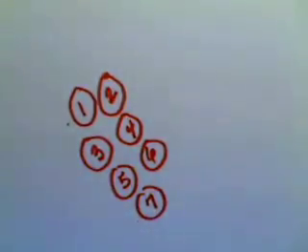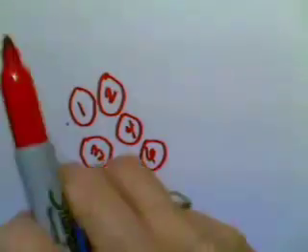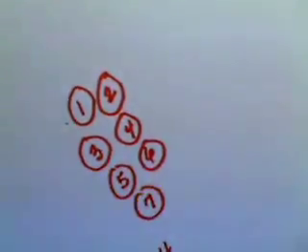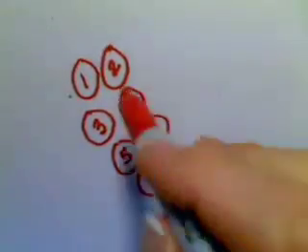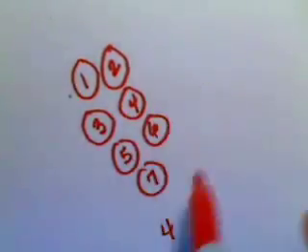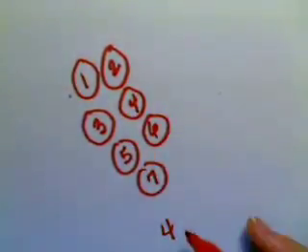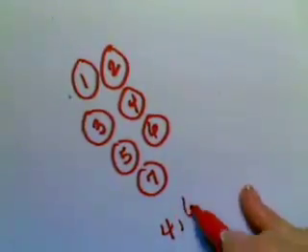And then you would shake them up and you would draw out that number. So I shake these up, I draw out the number 4. I put 4 back in the hat, and I shake it up and I draw out something else.